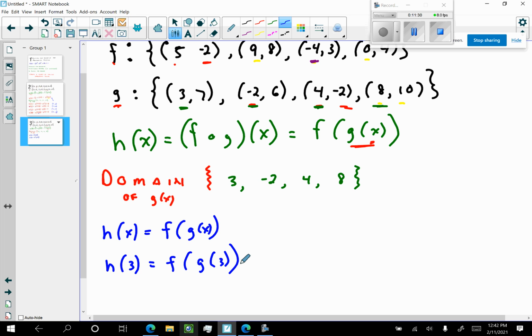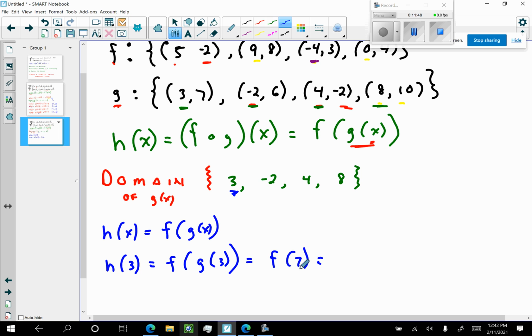Well, what's the output associated with the input of 3 on g? Well, if I have input 3 of g, the output is 7. So this is going to be f of 7.